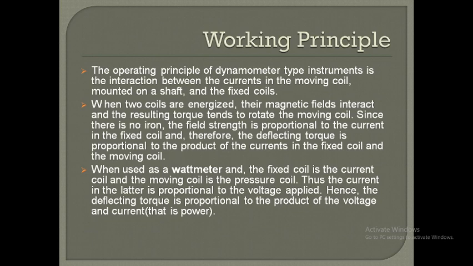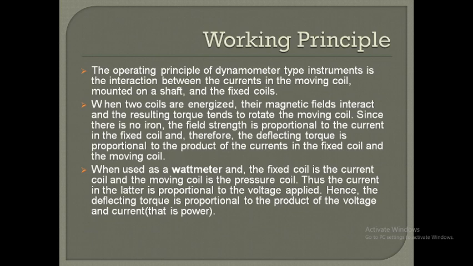When the two coils are energized, their magnetic fields interact and the resulting torque tends to rotate the moving coil. The torque depends not only on the current in the moving coil, but also on the current in the fixed coil.